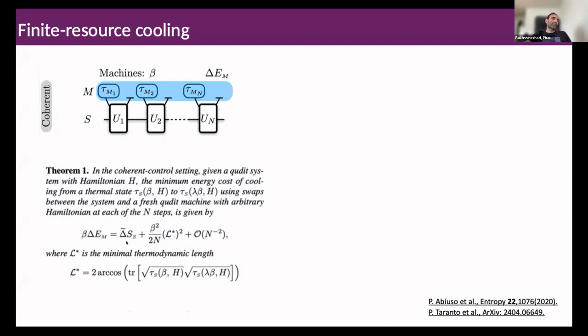Heat dissipation is just related to the entropy. But here, because of the finite resource case, we have an extra term, which is like a correction term. You see there is L star, and thanks to the thermodynamic geometric approach, by using the thermodynamic lengths, you can analytically find this L star.